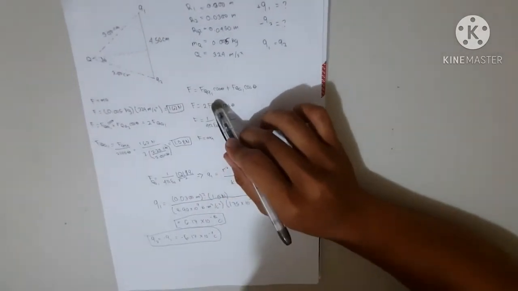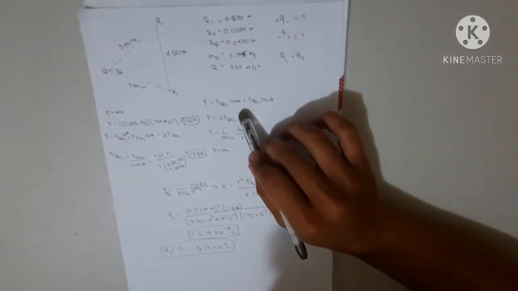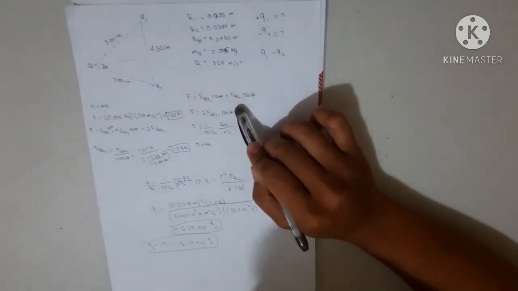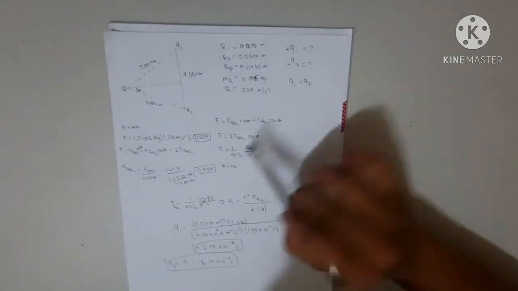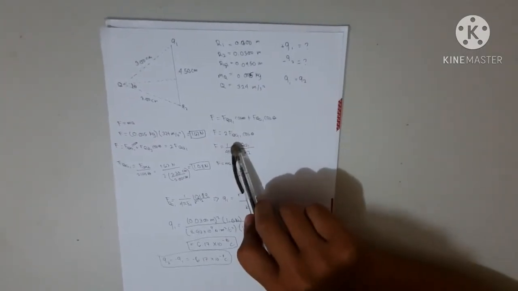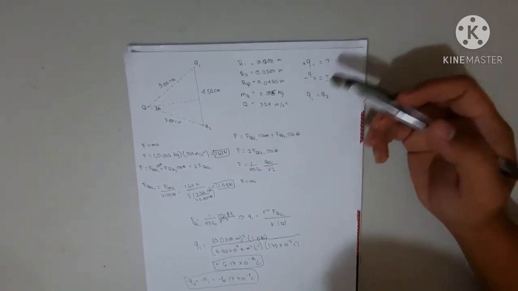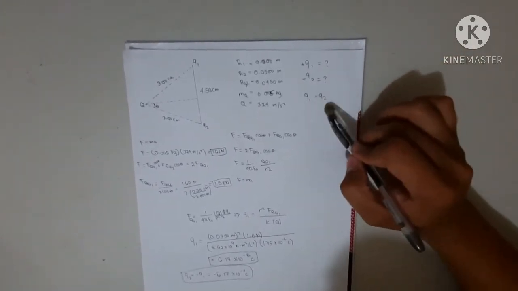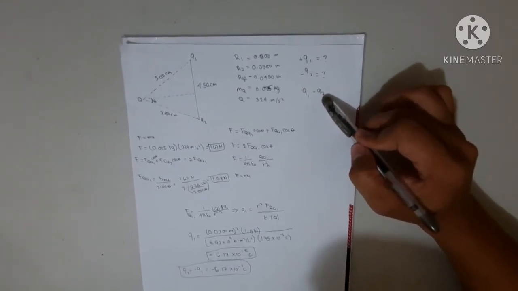F of Q on Q1 cosine theta plus the force of Q on Q2 cosine theta. If we add them, we will have 2 F of Q on Q1 cosine theta, or Q2, your choice. You can use either because, as I said, Q1 and Q2 are equal in magnitude but have different signs.